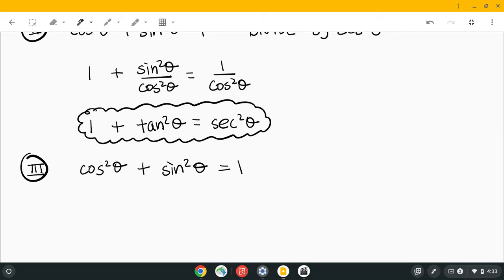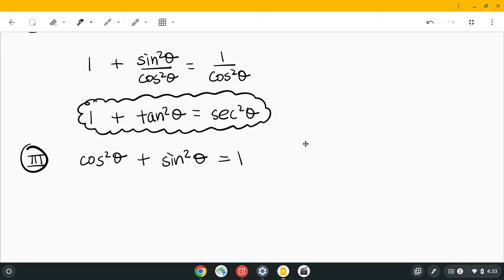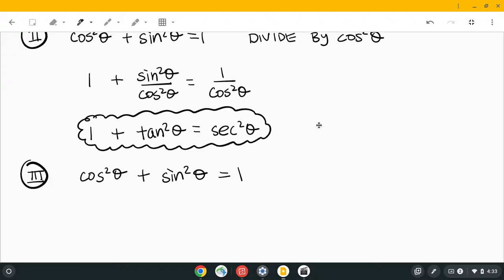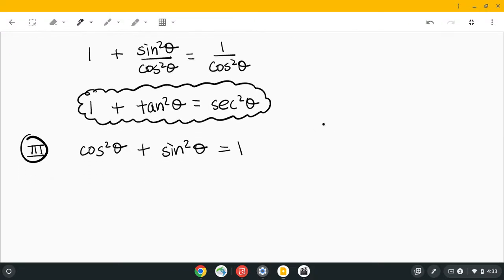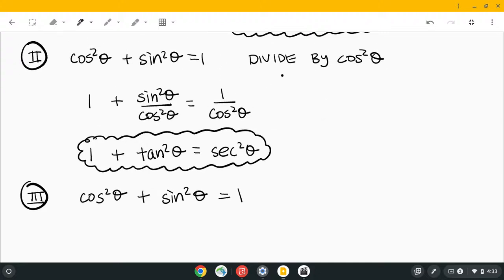And so you'll see that's why I say you don't really have to memorize all three. If you just memorize that first one, you can derive the other two. To get the second one, we divide by cosine squared. So for the third one, we're going to divide by sine squared.